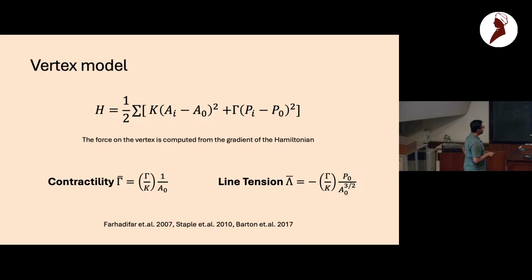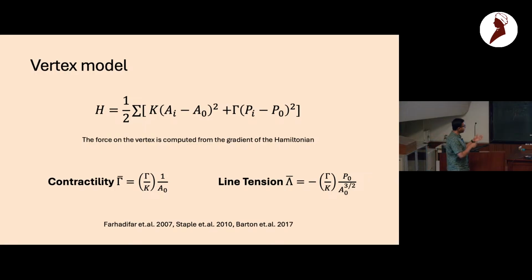These are convenient terms, but they are also unfortunately quite misleading, because cells don't really care about a preferred area or preferred perimeter. What they do care about is something called contractility and line tension, which you can define in terms of these parameters. So what matters as a whole are the combinations of these parameters, not these individual parameters themselves.